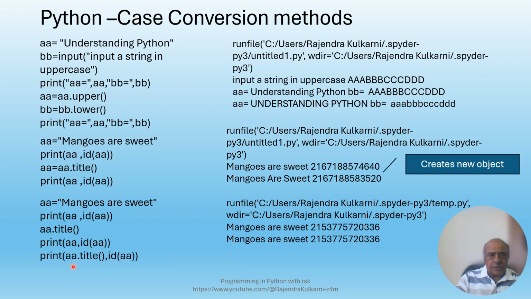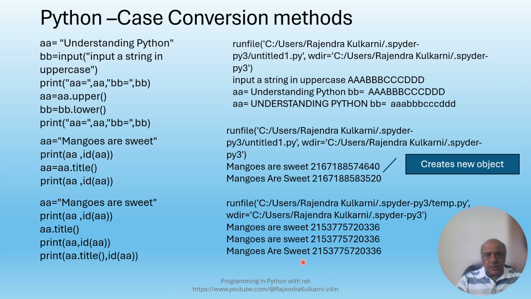Then we go for print A dot title and ID of A. What we get is all the first characters of all the words in the string are converted to uppercase, but the ID of the variable A remains the same.